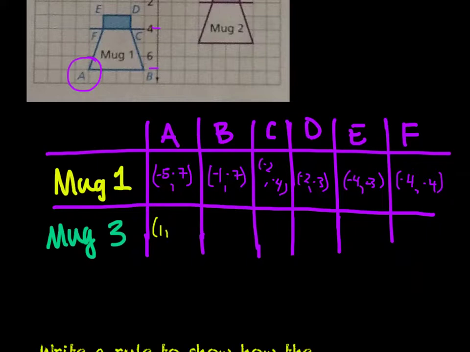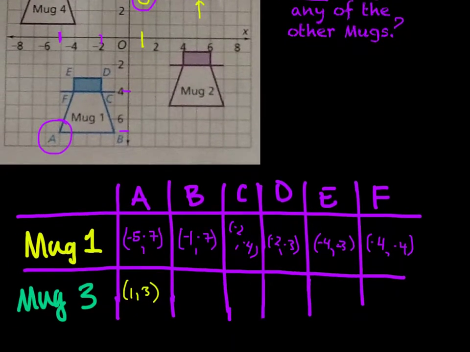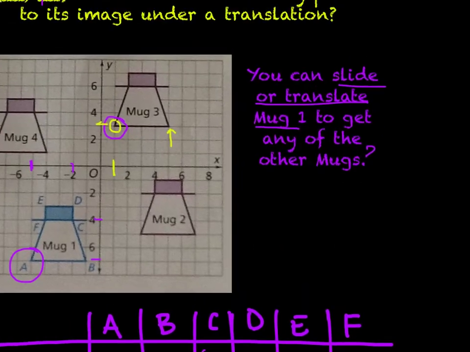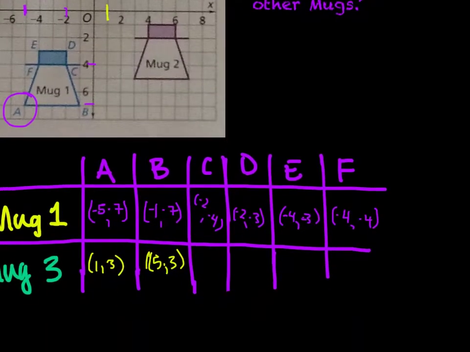Vertex B is right here, and that is at (5, 3). We have vertex C, which is at (4, 6).